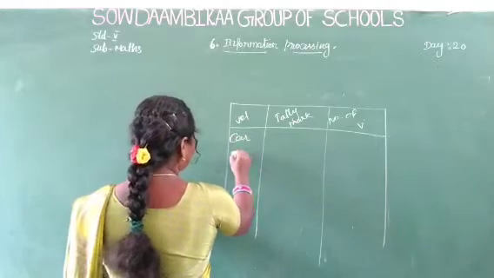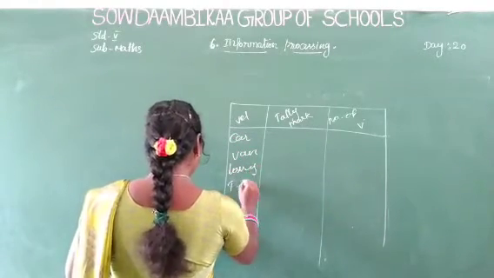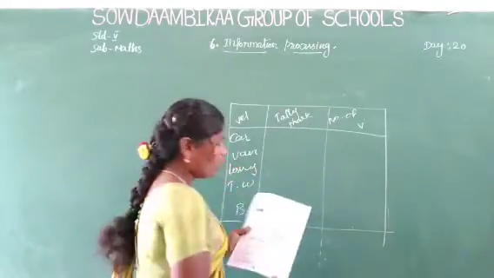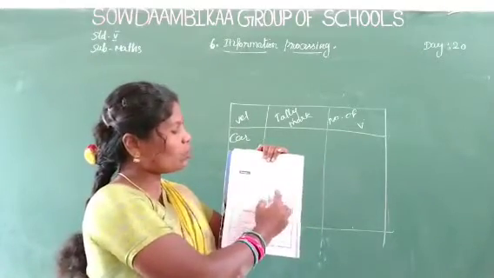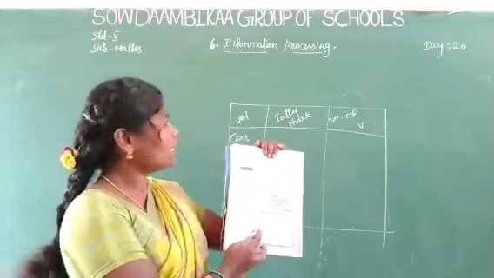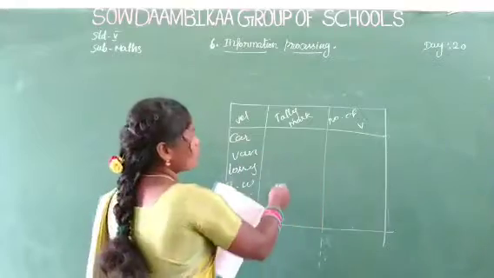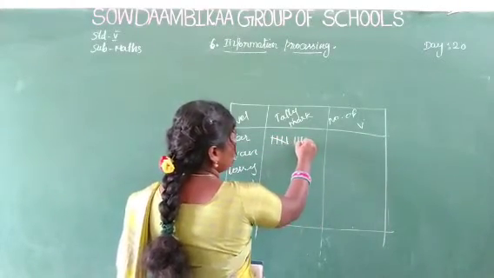The vehicles are car, van, lorry, two-wheelers and bus. The question is already given. This is car, how much; van, how much; lorry, two-wheelers, bus. You count these numbers and write the tally marks. Car, 11 ones: 1, 2, 3, 4, 5, 6, 7, 8, 9, 10, 11.